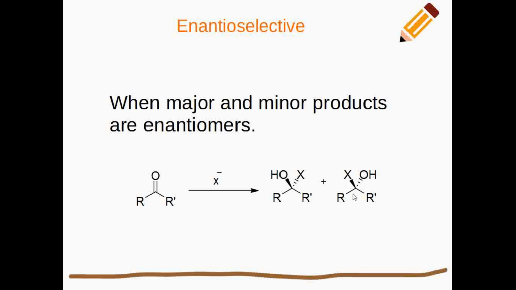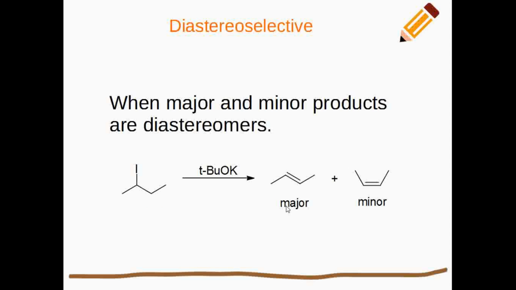If one of these has a major contribution to the product over the other, then the reaction is enantioselective to that particular species. Then diastereoselective, as I started the example with this one: when the major and minor products are diastereomers, we call it diastereoselective.